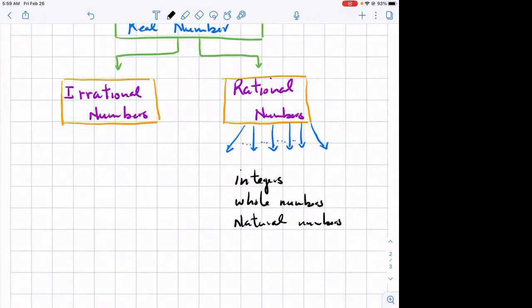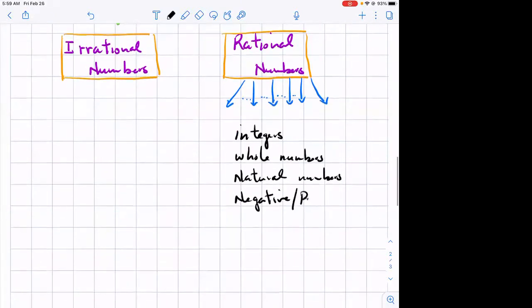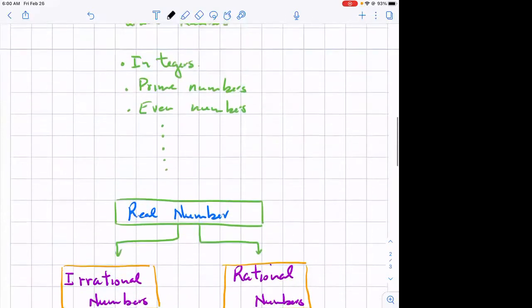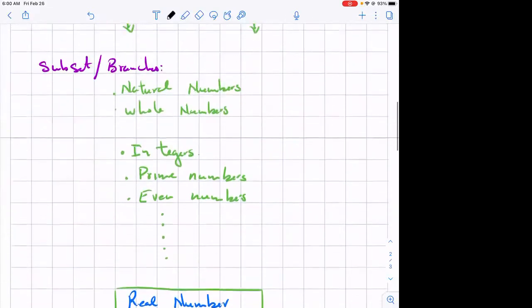We have negative numbers. We have positive numbers. We have even, we have prime. So this list is the continuation of, or the same as, the list up here that we were talking about.